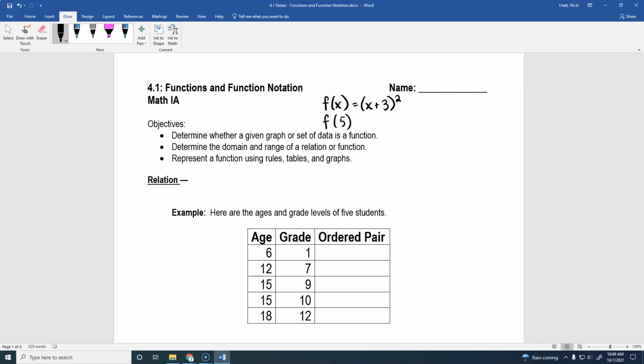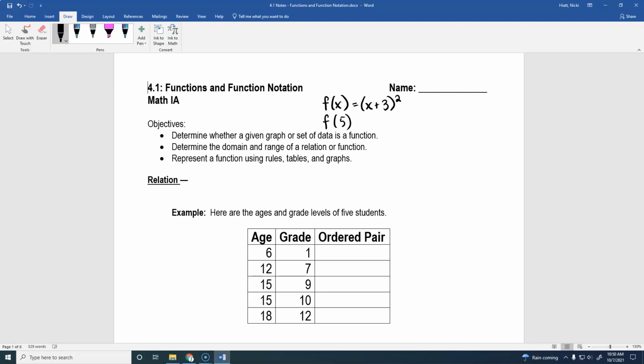So the What's My Rule game that we did, I had a function rule. So my rule might be (x plus 3) squared. And so if you gave me a number, I would take that number, add 3, and then square it, right?